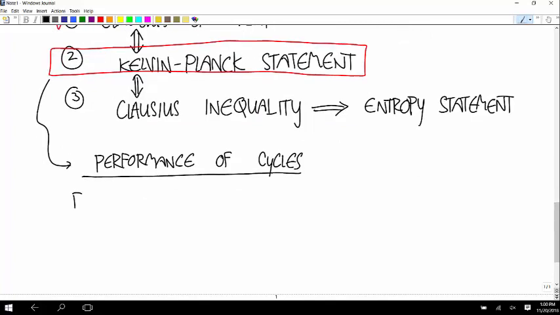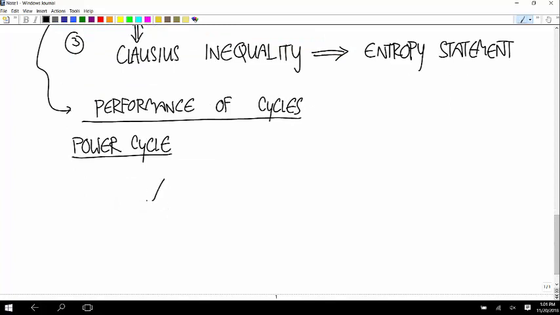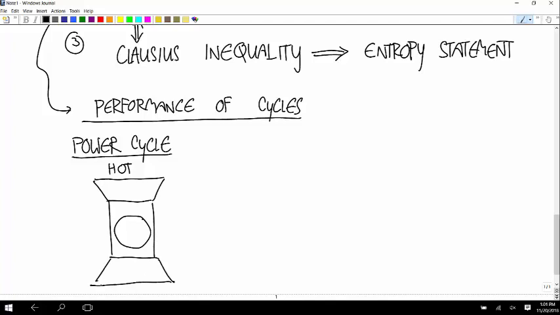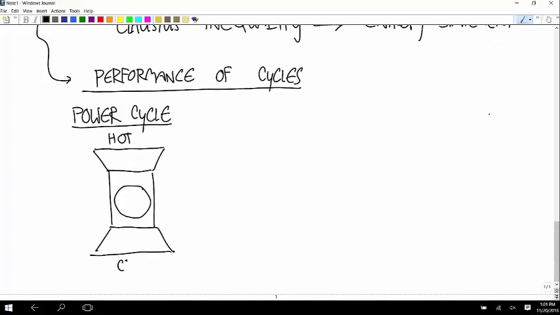First, the only one that I brought up before is the power cycle. And in a power cycle, you have a hot reservoir here, a cold reservoir here. So for a power cycle, what's the heat transfer between the system in the middle and the hot reservoir?